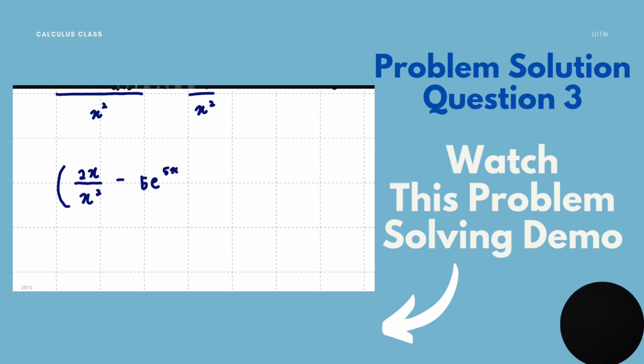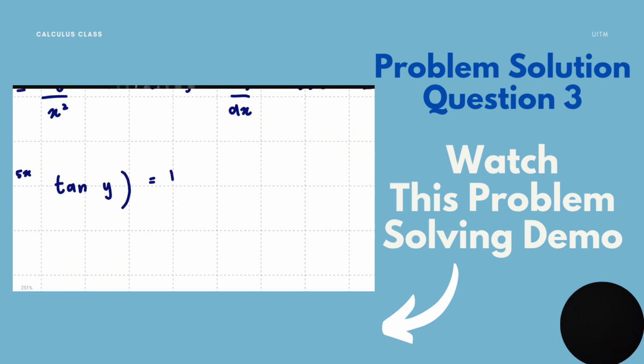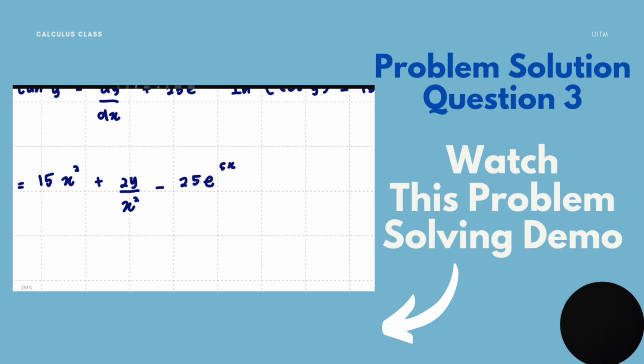Then we remove the dy over dx, so we get 2x over x squared minus 5 ln 5x then y equal to 50x squared plus 2y over x squared minus 25 ln 5x ln cos y.